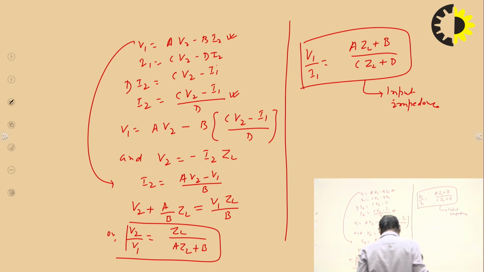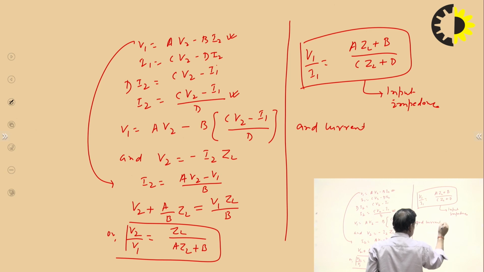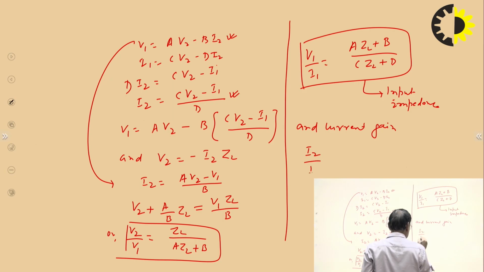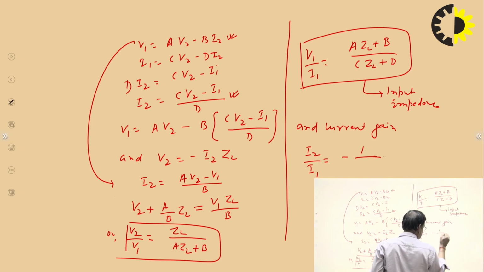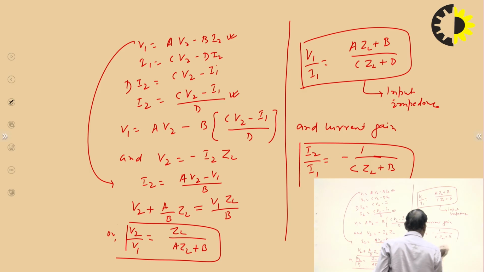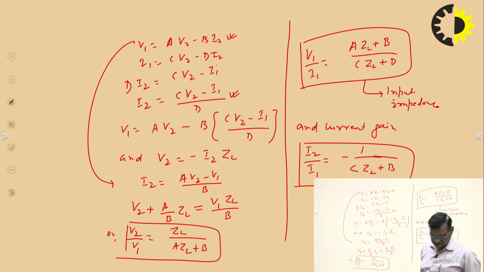And current gain I2 upon I1 is minus 1 upon C ZL plus D. So these are the three parameters we can get using the ABCD parameters.